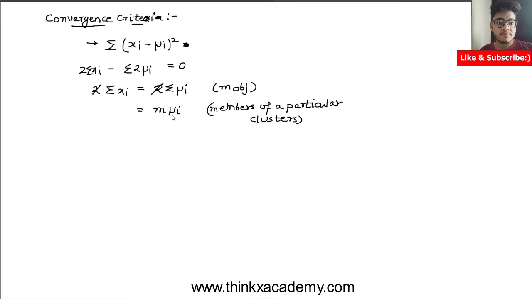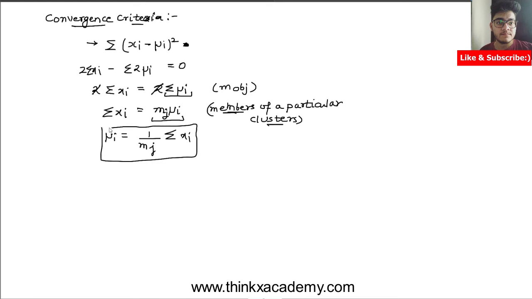So let's say this is the mu i, and here let's say we have a member mj of a particular cluster. So basically what I've done is I have just written summation mu i equals mj mu i, because we have m number of objects and these objects should be the members of the cluster center that we have chosen, right? So that's why I've written mj here. And now we will compute the cluster center equal to mj going down in the denominator, and we will write sigma of xi.